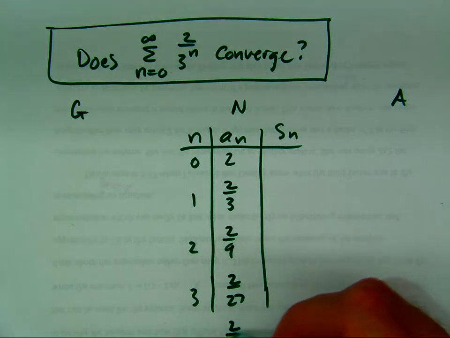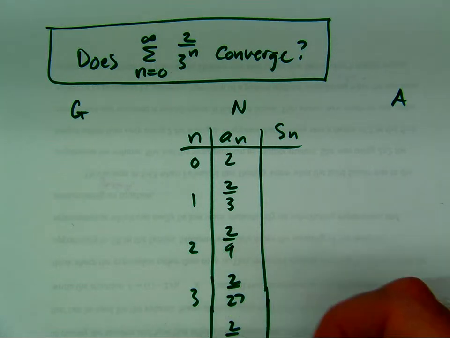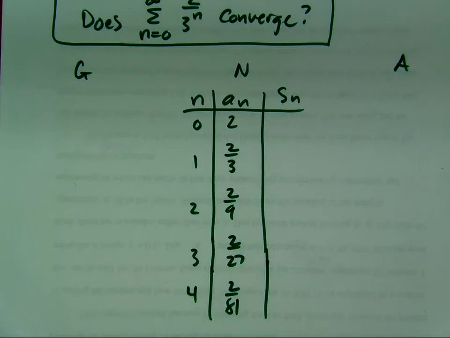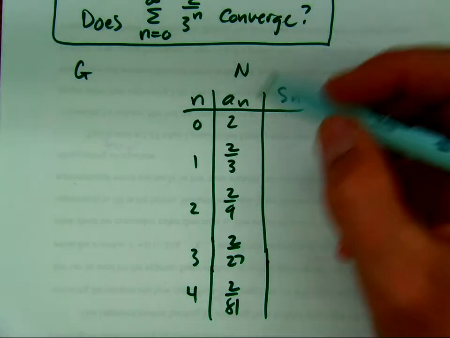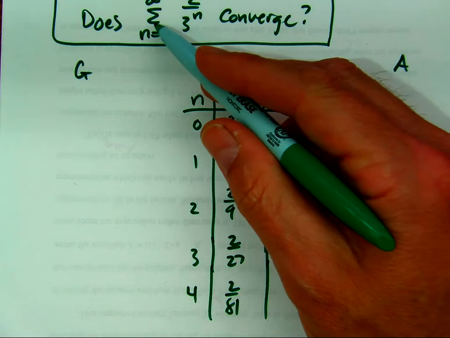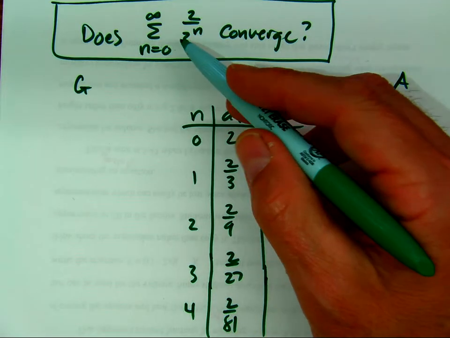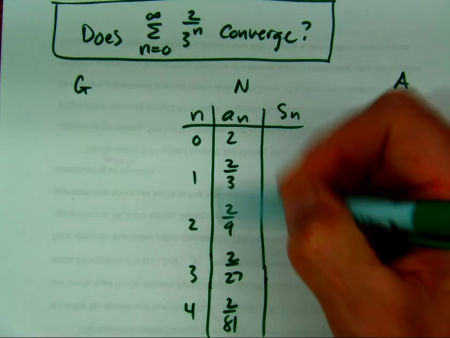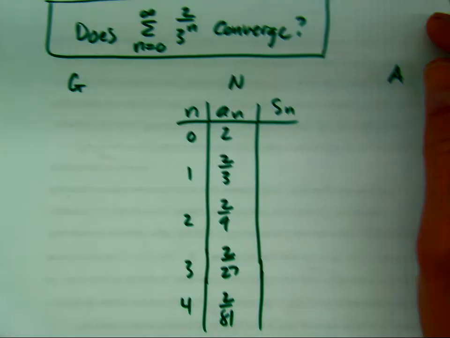And 2 over 81. Those are the terms of the sequence. Now we have to add them. This says add all of these terms, add all of the terms, and never stop adding them.